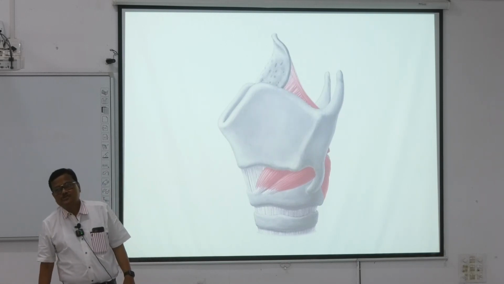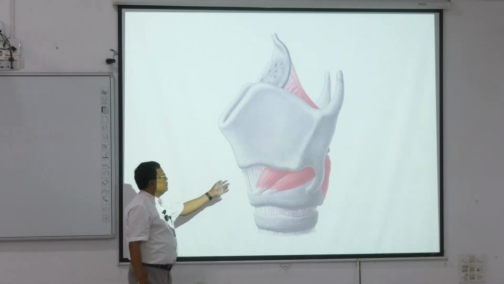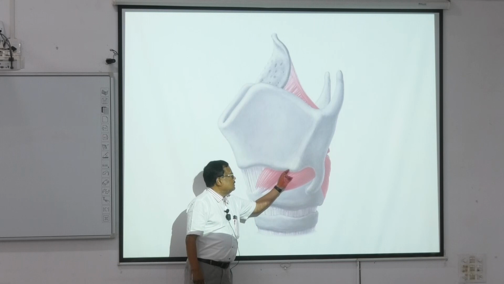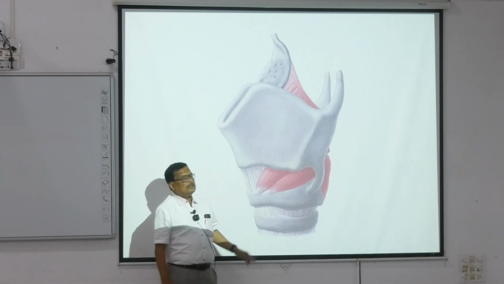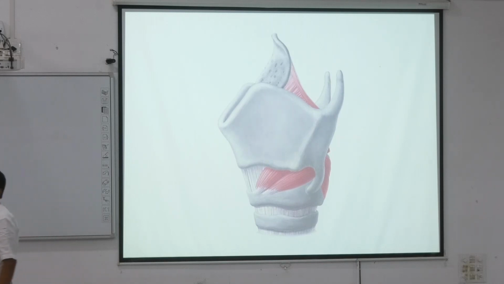Conus elasticus, midline. In the lower part, on the inside, another membrane-like ligament is attached. We call it the lateral cricothyroid ligament or cricovocal membrane.